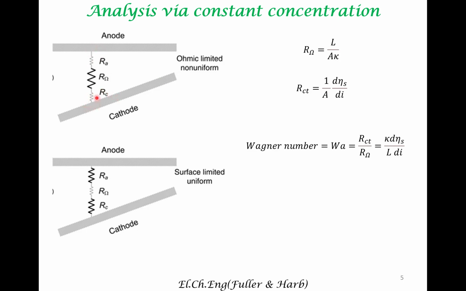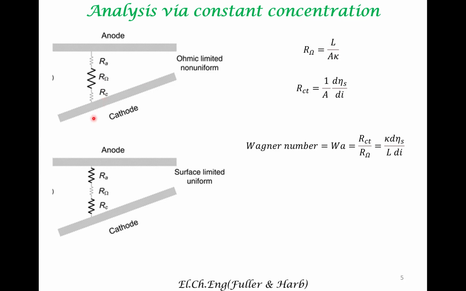There's a resistance associated with the electron transfer at the cathode-electrolyte interface, and there is a resistance with respect to an ohmic drop. In this case, the resistance associated with the ohmic drop is much larger than the resistance associated with the electron transfer at the anode-electrolyte interface or the cathode-electrolyte interface.